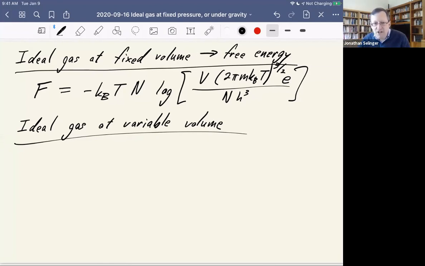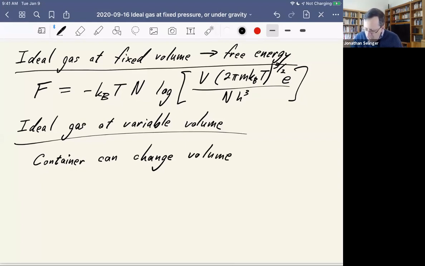So there is a container that can expand or contract, a container that can change its volume. Typically, someone imagines a cylinder with a piston that can go up and down, like this. And so there's a volume V inside, but the piston can go up and down, and so the volume can change.